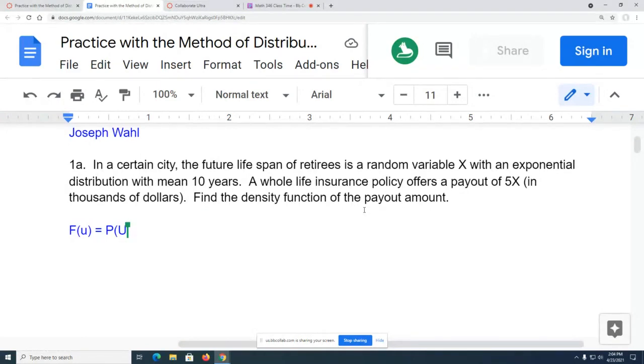Good, yeah, so we want to start by writing this just as a probability. So we're not yet using the density function of x.